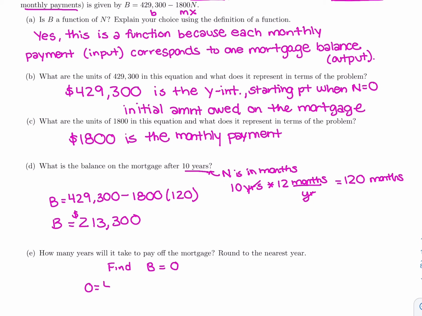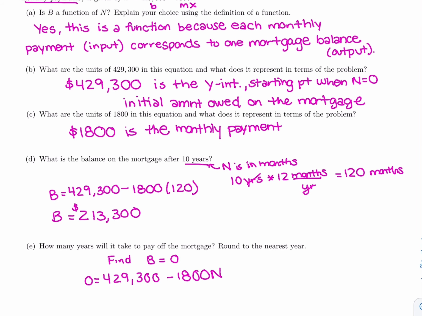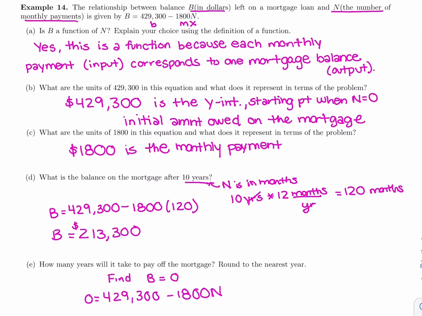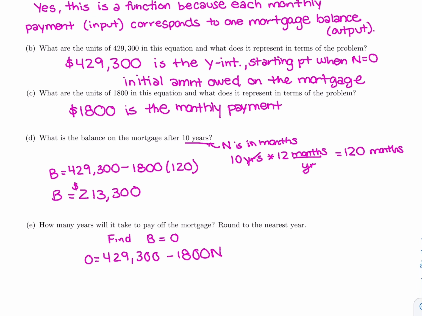We want 0 to be the balance, and 0 is going to be $429,300 minus 1,800 times n. So how many months, how many n does it take to get this to equal 0 for our balance? So all we did was we looked at this original equation and we switched out the balance for being 0. So now we're going to solve this.